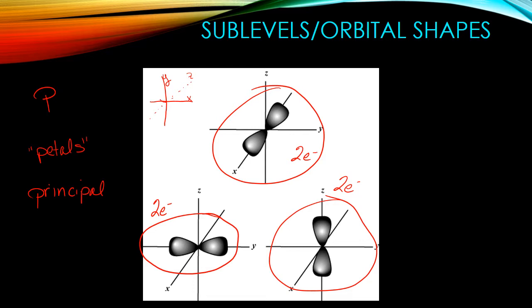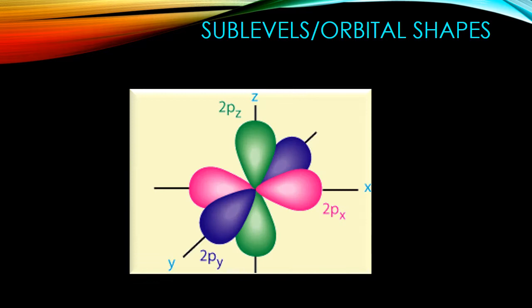So we have 1 p orbital, 2 p orbitals, and 3 p orbitals. See, it looks like petals on a flower. Here's an even better picture of the 3 p orbitals all sitting together.